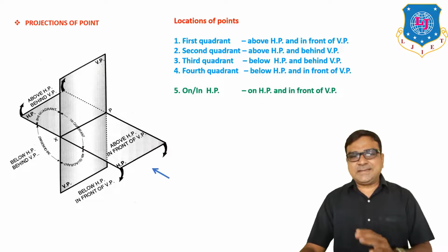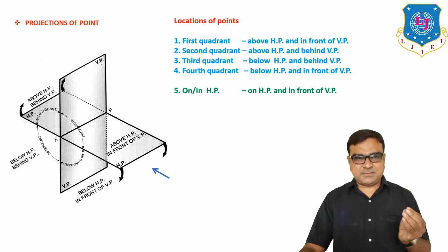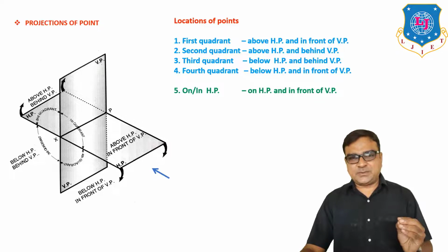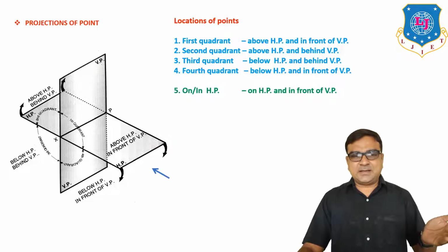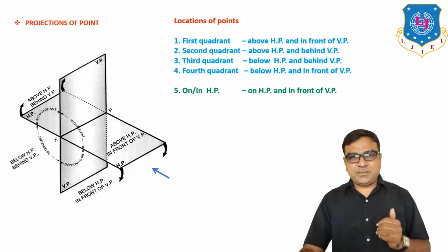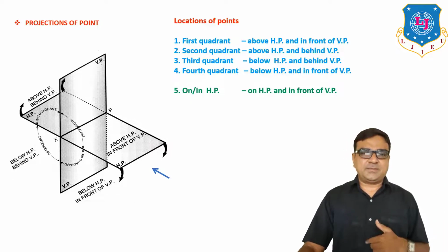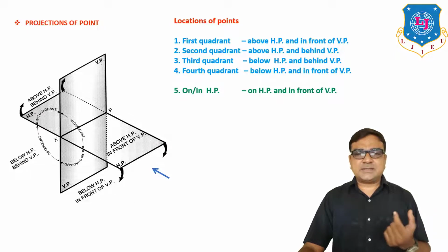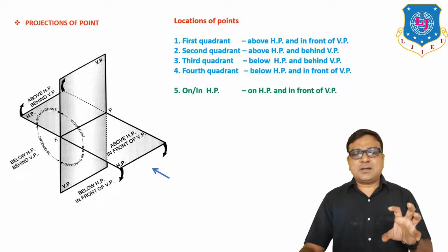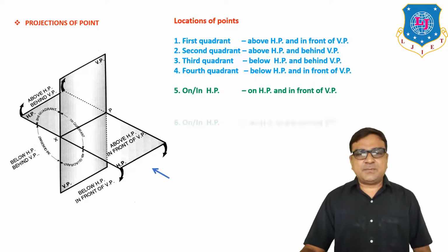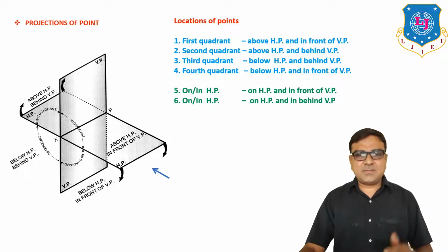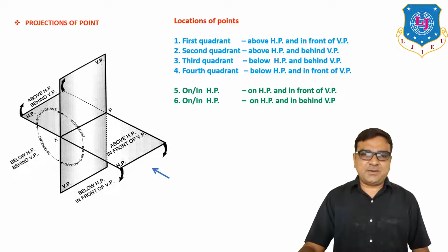Now these are the 4 quadrants where the point is in space, but when the point is exactly on the horizontal plane, there are 2 possibilities, either in front of VP or behind VP. So we have 2 horizontal planes. If the point is on HP and in front of VP, our point is in the horizontal plane in front of VP. Second, on HP and behind VP.